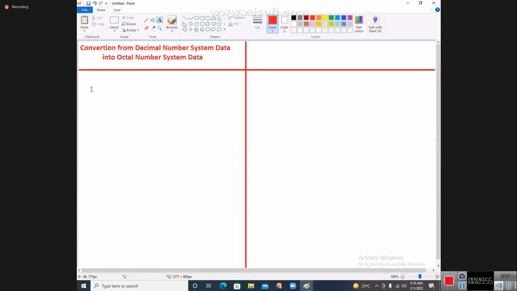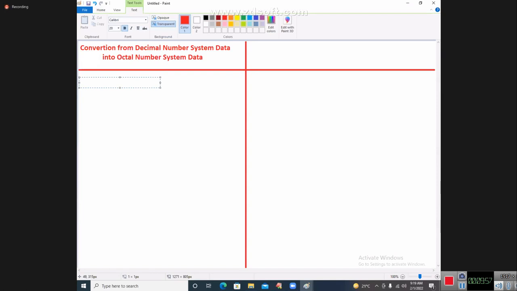Direct question, Q1. Take some number, 18. You take 18. I want to convert this into octal. Tell me for my satisfaction: 18 is called what? You need to convert it into that X.